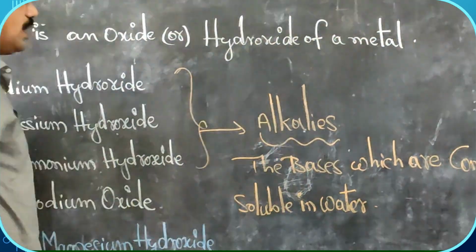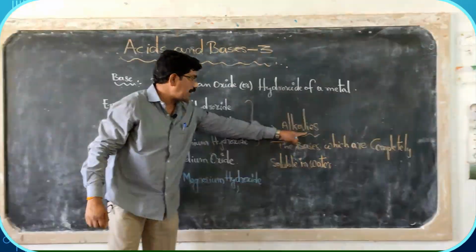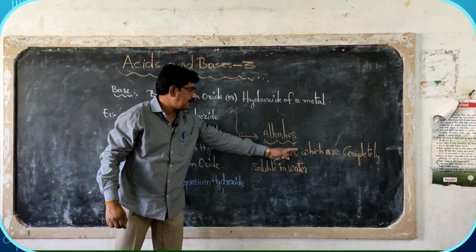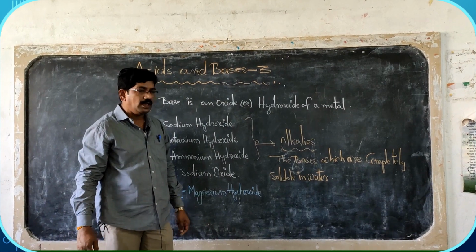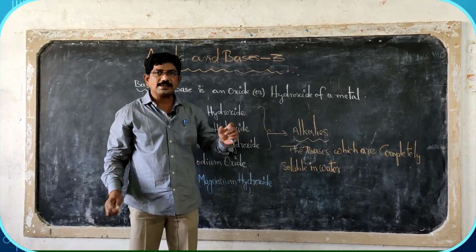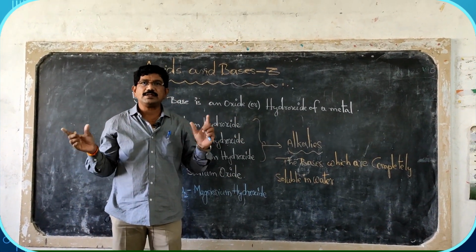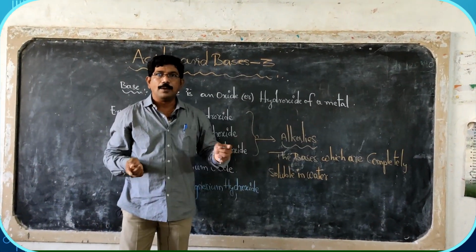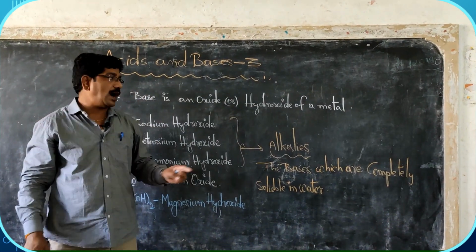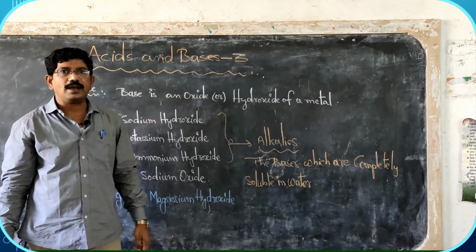These are known as, what do we call them? Alkalis. So what are alkalis? Alkalis are the bases that are completely soluble in water. So all bases are not alkalis. One thing you have to remember, all bases are not alkalis, but all alkalis are bases. Are you clear about that one?